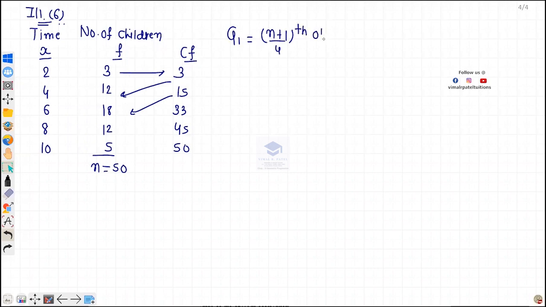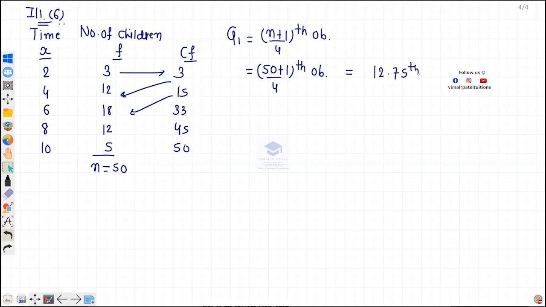Now Q1: 50 plus 1 divided by 4th observation, 51 divided by 4, 12.75th observation.